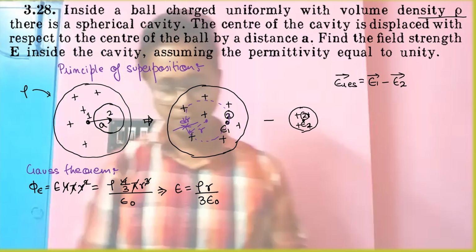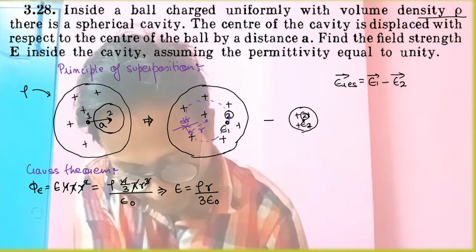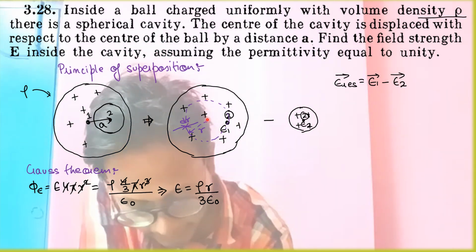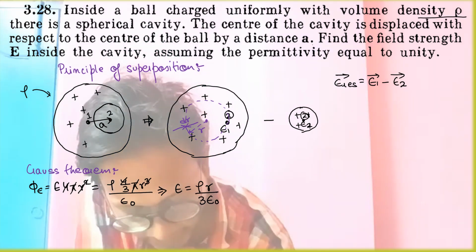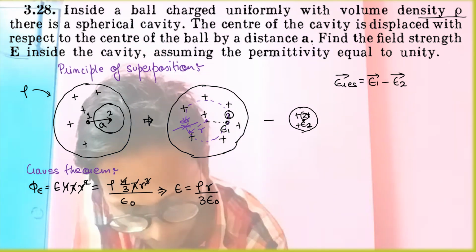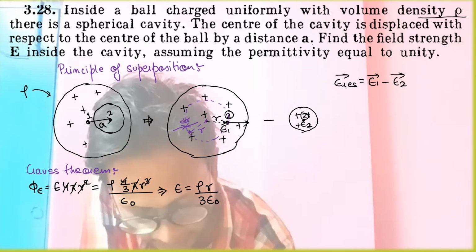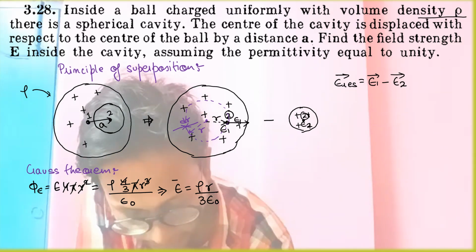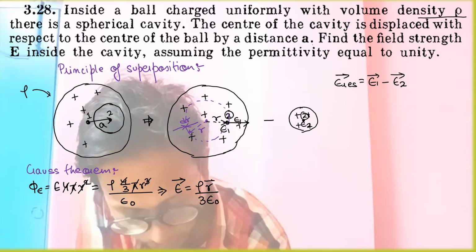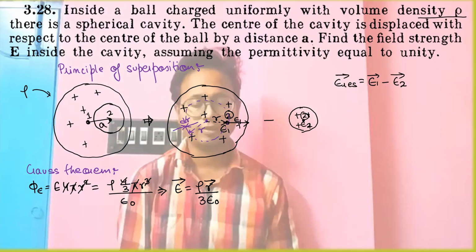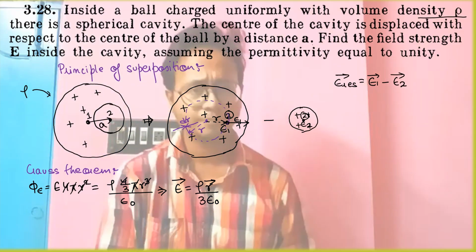Now if you observe properly, the direction of electric field is along the direction of radius vector. So if I plot a radius vector like this, the direction of electric field would be like this, isn't it? So electric field is equal to rho r vector by 3 epsilon naught. Understood this one?